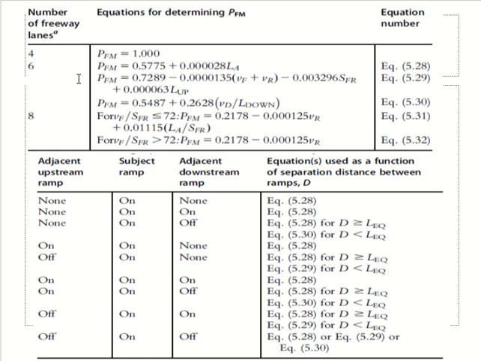D is 1000 feet and your LEQ is 2000 something. So D is less. That means I will use equation 5.3. Clear? Okay, so what is my PFM factor here? VD is again 400, and this is the distance, the length to the downstream ramp, which is 1000 feet.